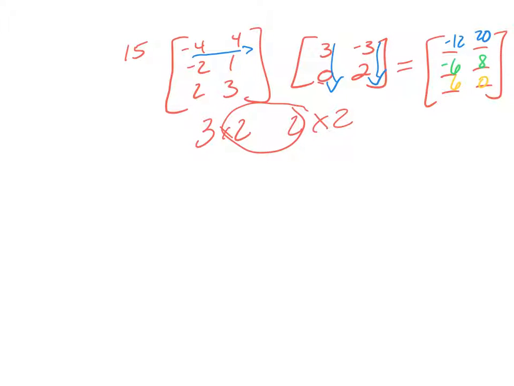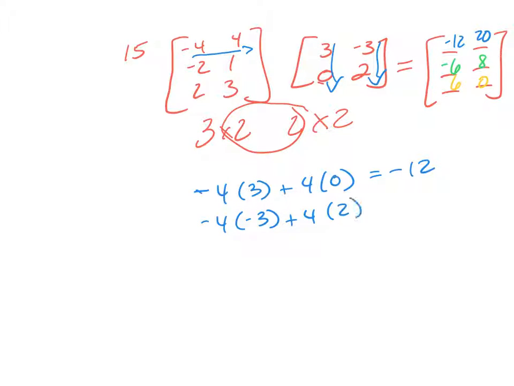So the first blue number is negative 4 times 3 plus 4 times 0. Remember the first row, the first column, and that is a negative 12. The second one is negative 4 times negative 3 plus 4 times 2, which is 12 plus 8, which is 20. There's your blue numbers.